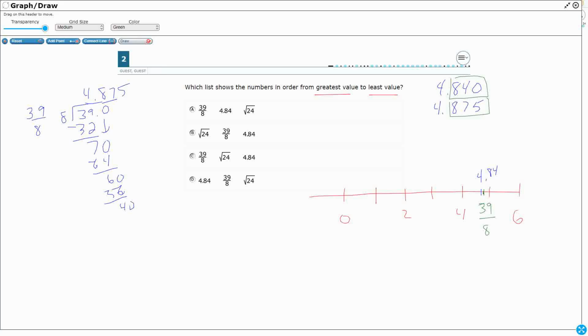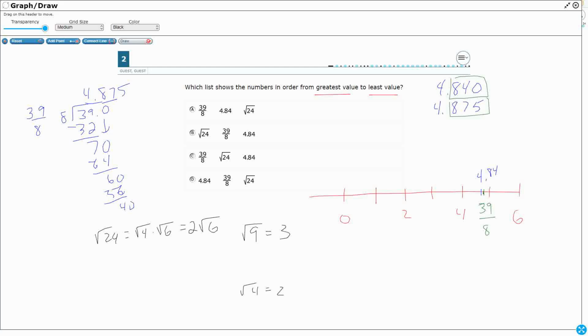Okay, so what we need now is this square root of 24. If we wanted to estimate that, how can we factor it? That's going to be square root of 4 times square root of 6. Square root of 4 equals 2, so it's 2 square root of 6, which helps us if we know what the square root of 6 is. We can estimate, right? Square root of 9 equals 3, and square root of 4 equals 2.